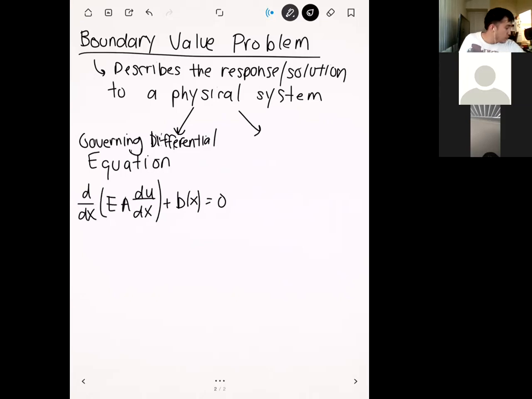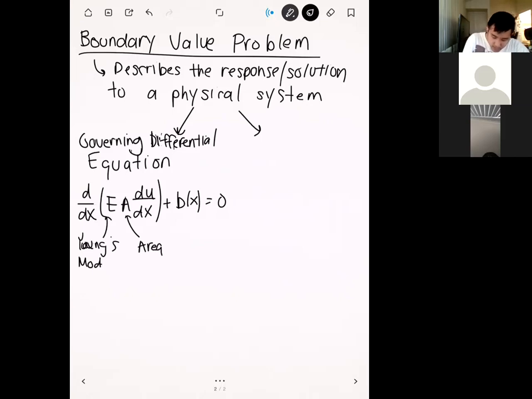Okay. And so we have this differential equation right here. So we have d dx of E times A times du dx plus b of x is equal to 0. Okay? And so this E right here, this is our Young's modulus, as it always has been. Okay? And this A right here is area. Okay?